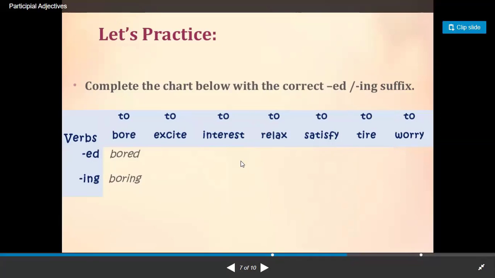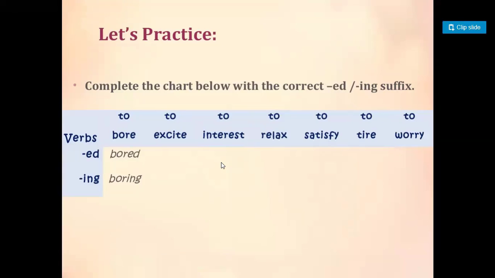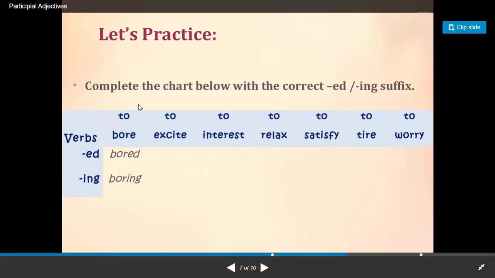You have to make the participle adjectives first, and then use them in your sentences. Note down or take a screenshot, or if you can't, I will upload this video on YouTube and put the link in your Google Classroom. Your homework is to complete the chart with the correct -ed and -ing suffix.